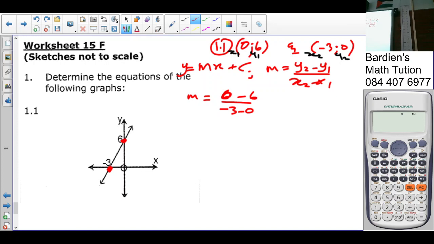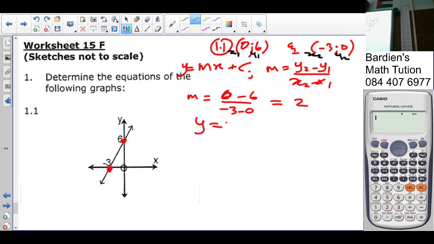Before I calculate that, is this gradient going to be positive or negative? Positive. Why? It's increasing. The graph is lying to the right. So 6 over 3 is 2. So the slope of this graph is 2.